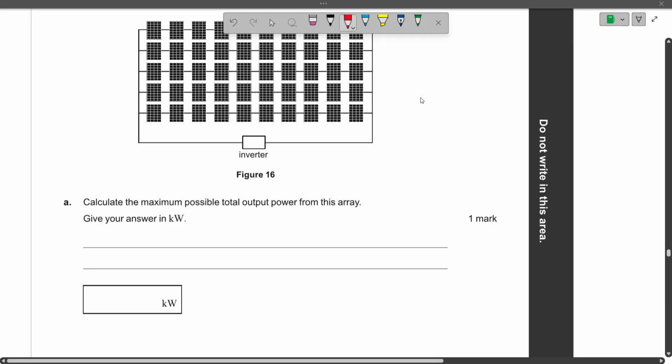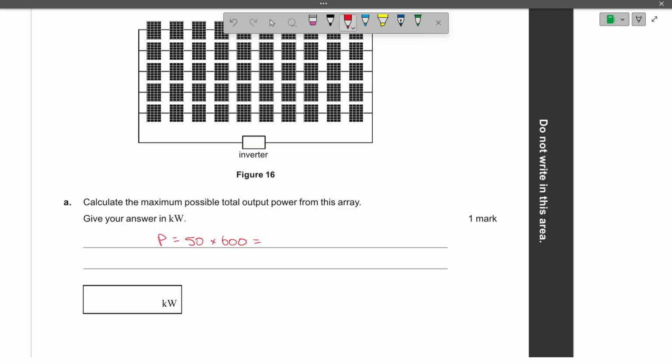So really the power is 50 times 600, which is 5 times 6 is 30,000 watts, which is 30 kilowatts. Okay. Your box has kilowatts already, so just be careful there.